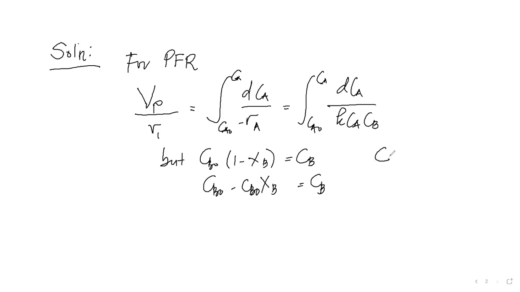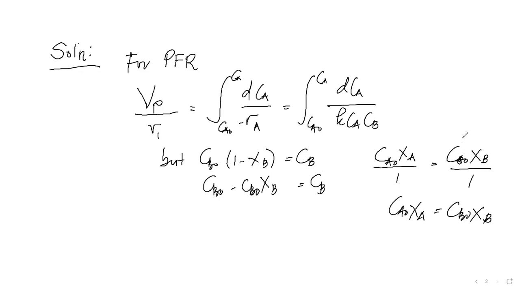Stoichiometrically, based on our chemical reaction, the amount reacting would be equal because the coefficients of A and B in our chemical reaction are just 1. So CaOXA is equal to CbOXB.